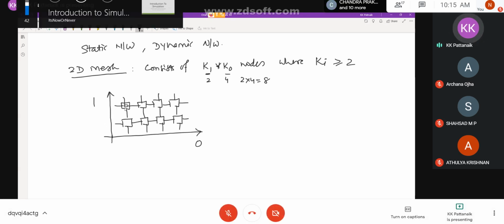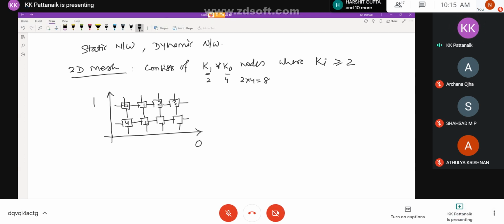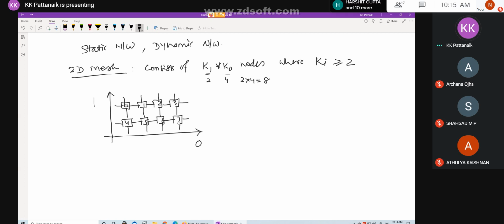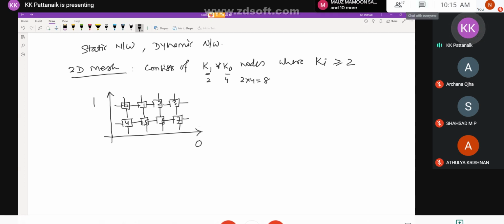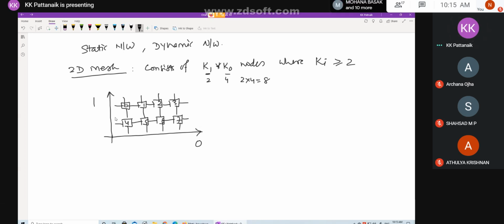So I can number this as 0, 1, 2, 3, 4, 5, 6, 7. Right? So you can see that a node has 4 neighbors, and the edge nodes will have either 2 or 3 neighbors.